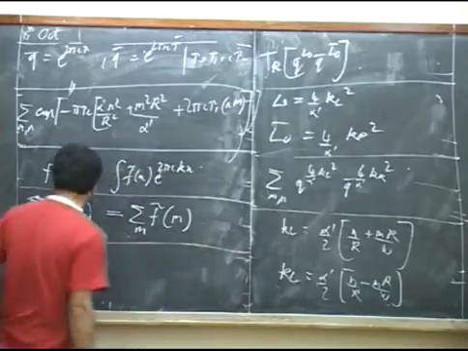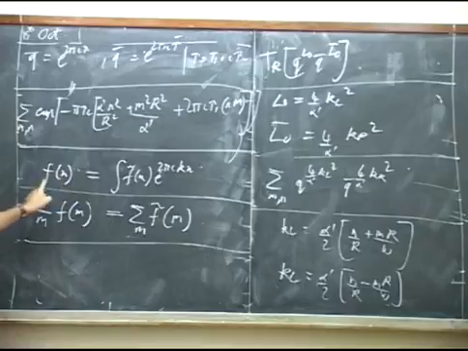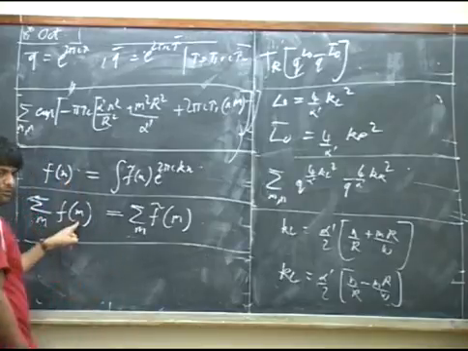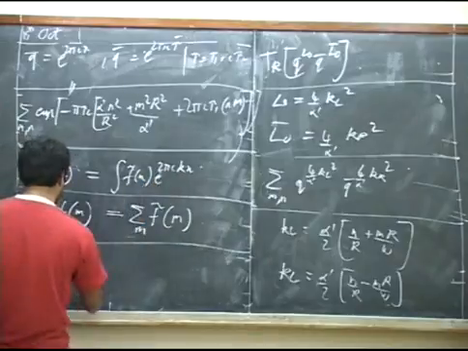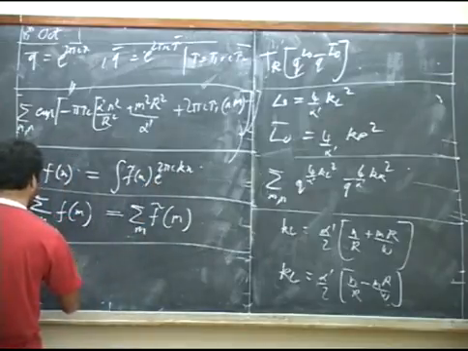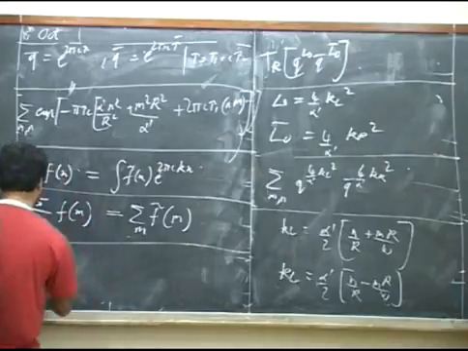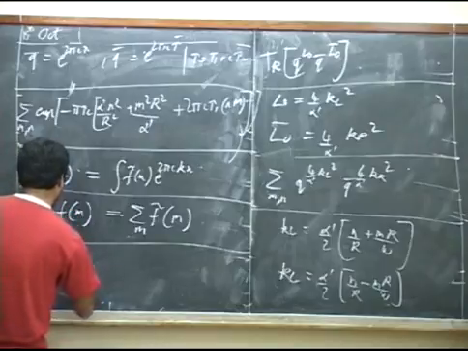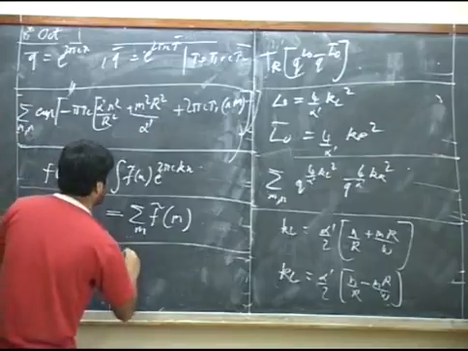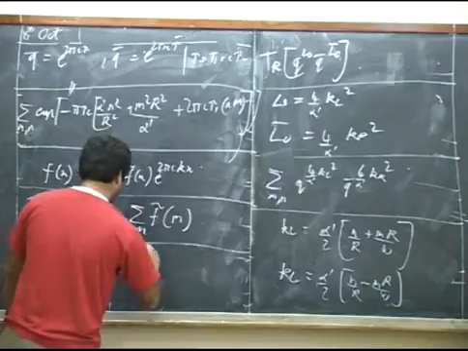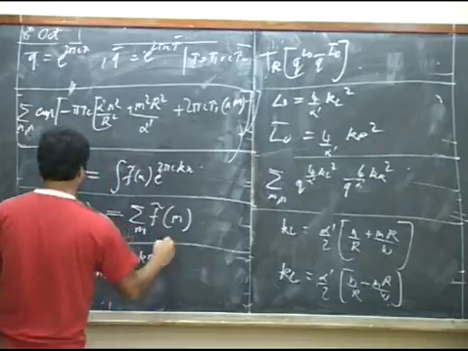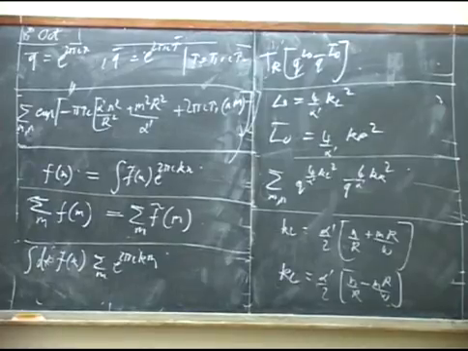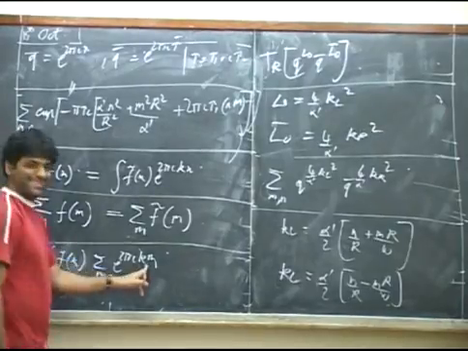Basically, suppose you take this thing and you want to sum it over all the values of m. That's the same thing as the integral dk f of k, and then sum over m of e to the power 2 pi i k m. So you want to know what this thing is.